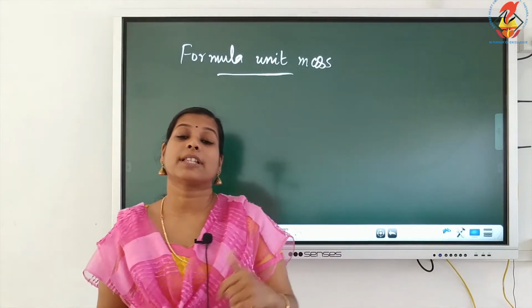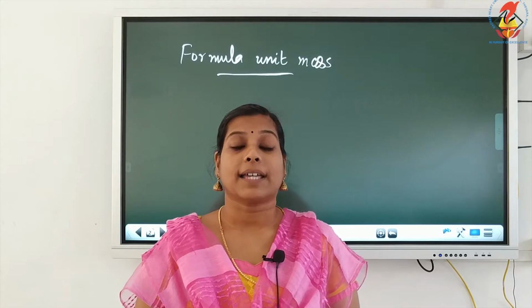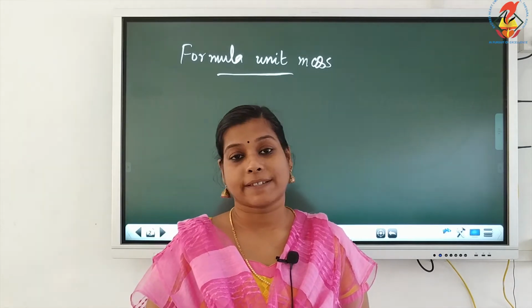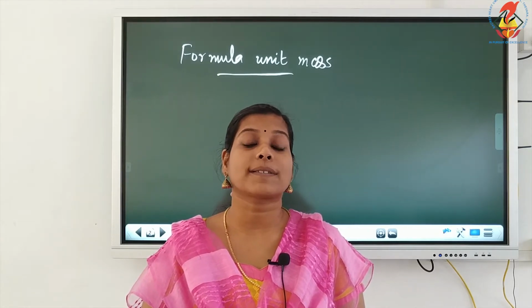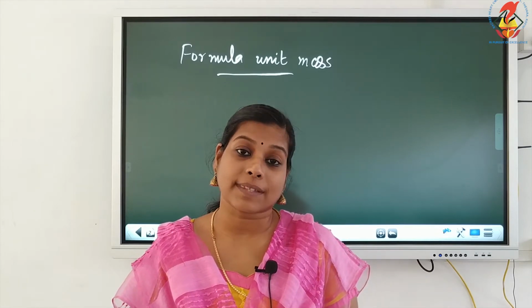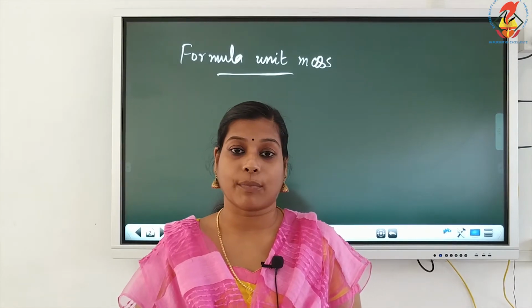And what is formula unit mass? It is used for ionic compounds. We just saw what ions are: compounds in which cations and anions are present are called ionic compounds.